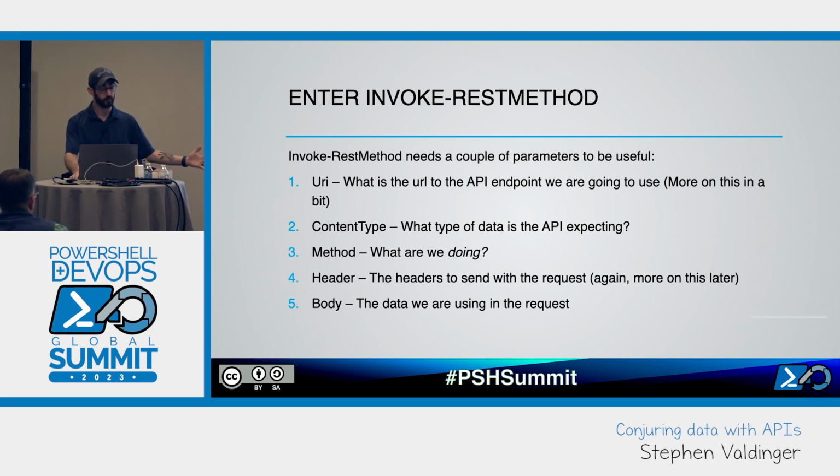And again, we're going to use the method, what are we doing? And we're going to need a header, sort of. In Windows PowerShell 5.1, you're going to want to build a header that has all your authentication and authorization stuff in it. In PowerShell 6 and higher, the web cmdlets got a rewrite, and they got way better.